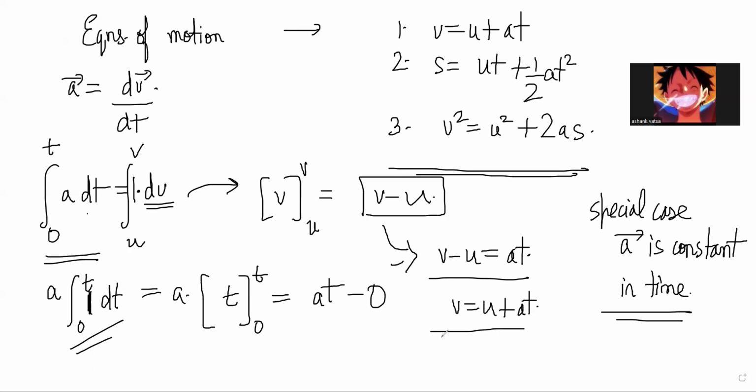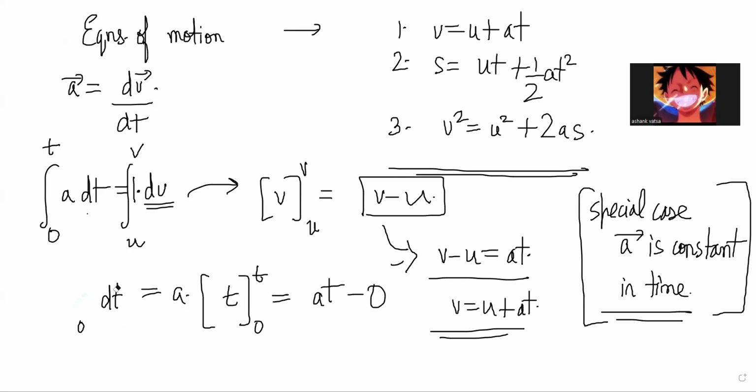But you have to remember that this is only valid if acceleration was constant. If acceleration itself was changing, you cannot take the acceleration outside like we did here. Suppose acceleration was itself changing with time, then you'll have to integrate whatever that acceleration is with respect to time.